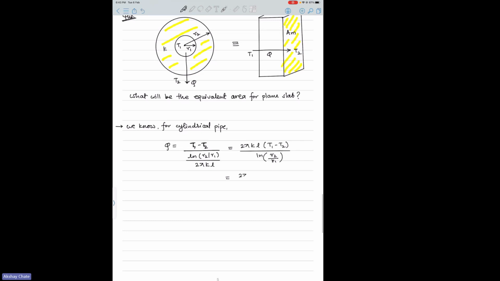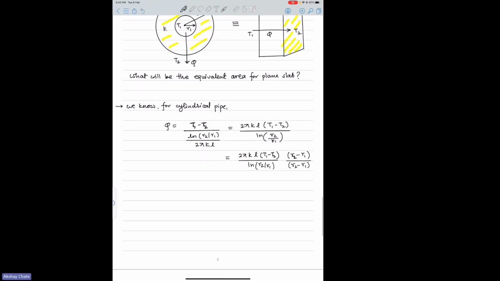This will remain as it is, and T1 minus T2 also as it is. Now let this term be R2 by R1. Multiply by R2 minus R1 to numerator as well as denominator.